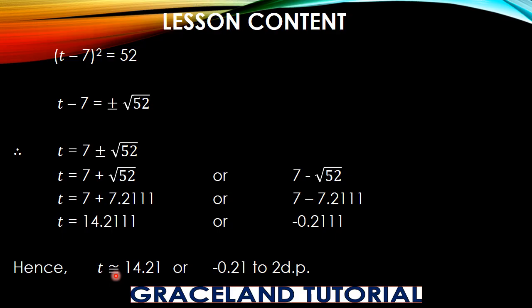Therefore, t is approximately equal to 14.21 or minus 0.21, to 2 decimal places.